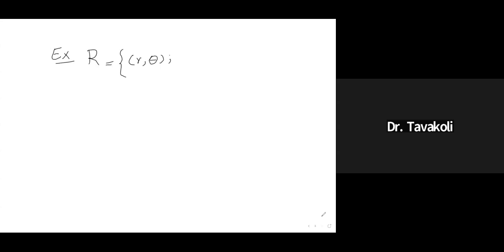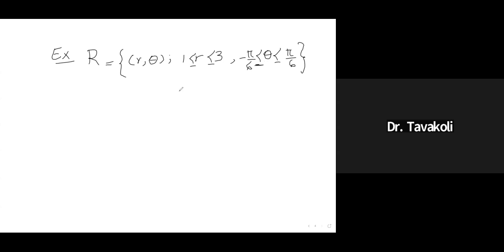But suppose r runs between two values, two positive values. Suppose r runs from 1 to 3. Also, the angle runs from minus pi over 6 to positive pi over 6. As you know, pi over 6 is 30 degrees.